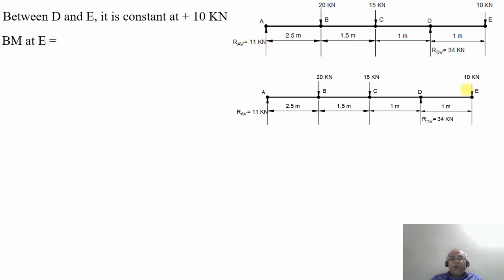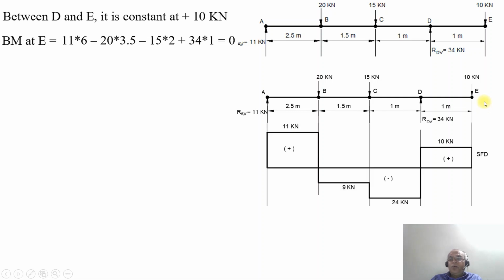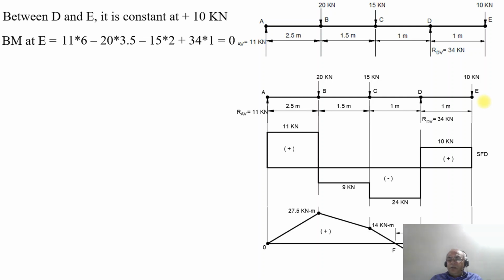So the bending moment at the point E will be equal to 11 into 6 minus 20 into 3.5 minus 15 into 2 plus 34 into 1, which will be equal to 0. So BM at E drops down from minus 10 kilonewton meter to 0. So it becomes 0 here.